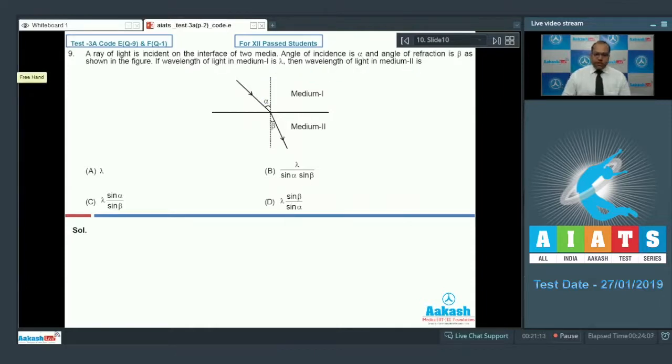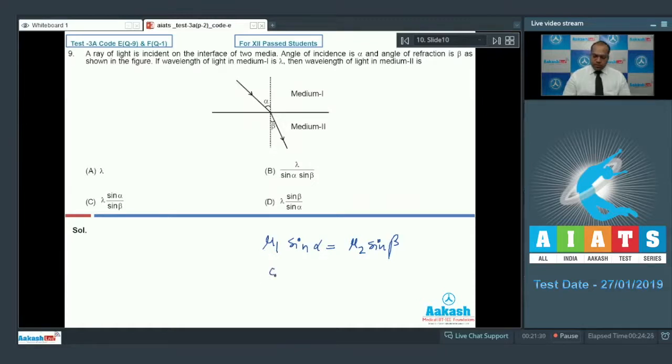From Snell's law, we can say that mu1 into sine alpha is equal to mu2 into sine beta. Now, mu is the ratio of the speed of light in vacuum to the speed of light in the medium.